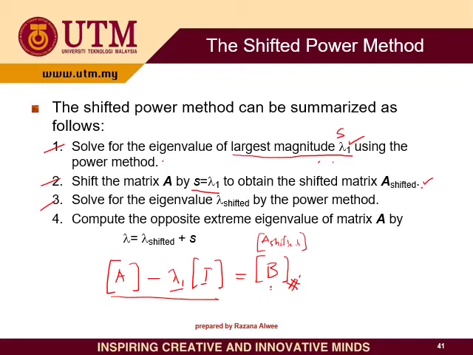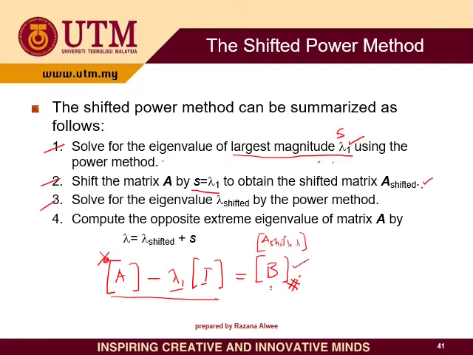Same equation, same iteration. The only difference here is that you shift it first. Don't do it on the matrix A. Do the power method on the matrix B that you have found after you have shifted the matrix.